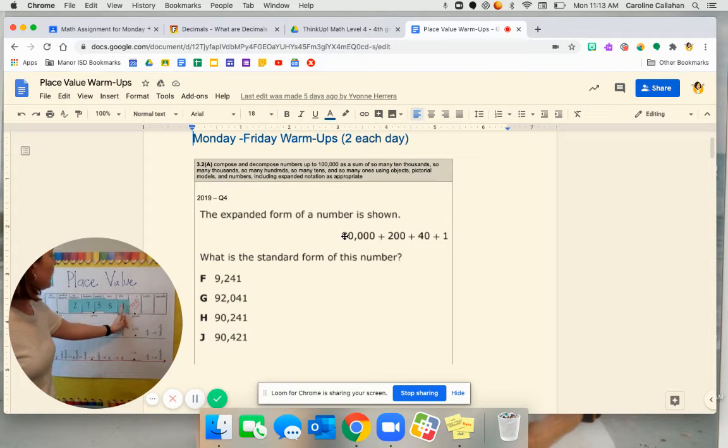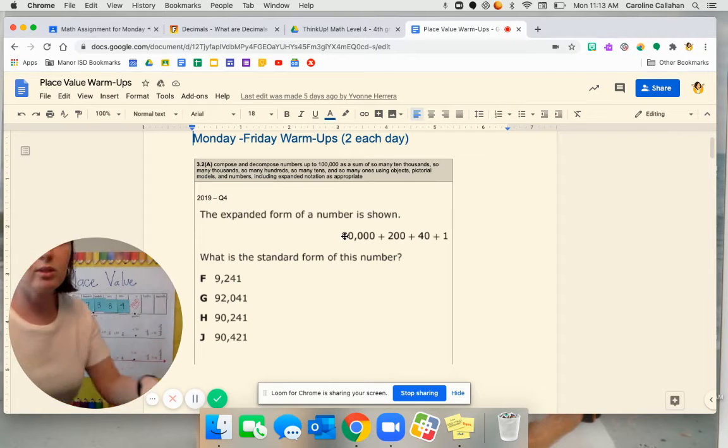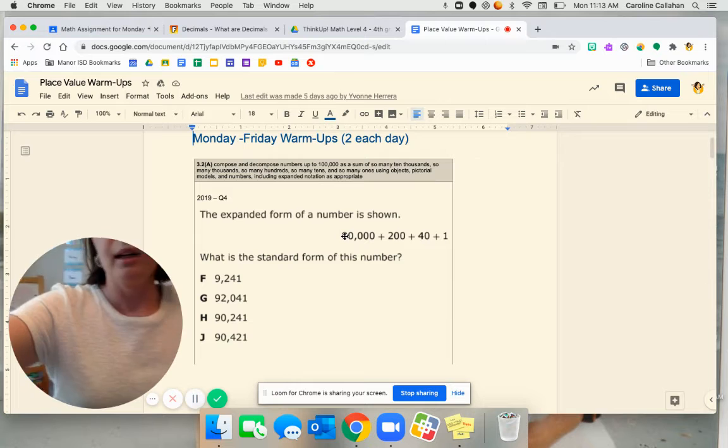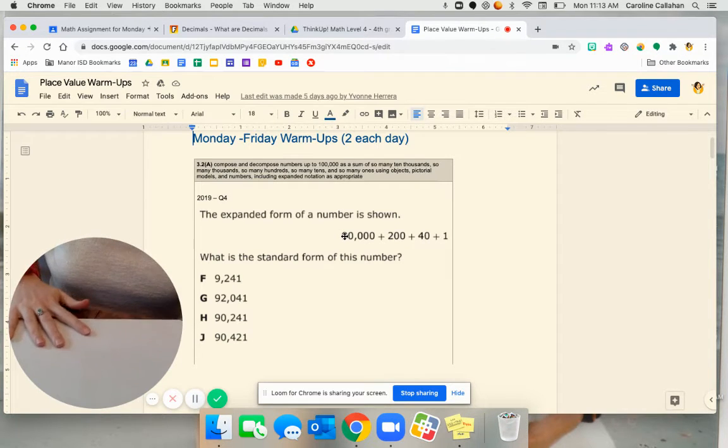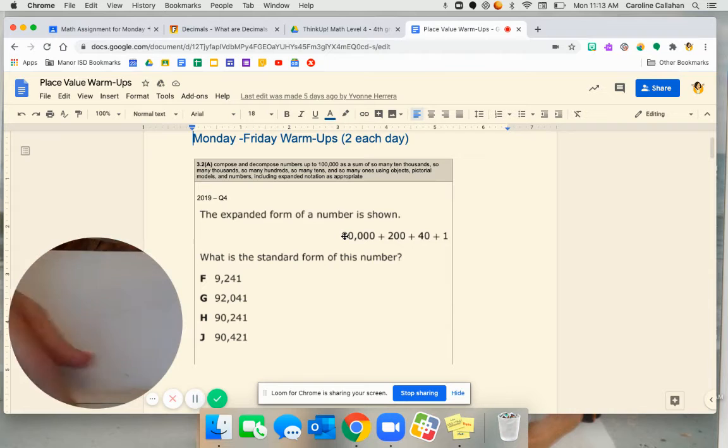Okay, so we have 5. 1, 2, 3, 4, 5. So it looks like we're going to be moving up to the 10,000s when we plug in this number on our whiteboard. So what I'm going to do is angle down and place this whiteboard down so that you can see what I'm working on.